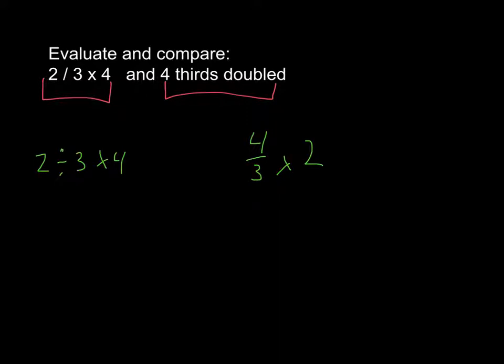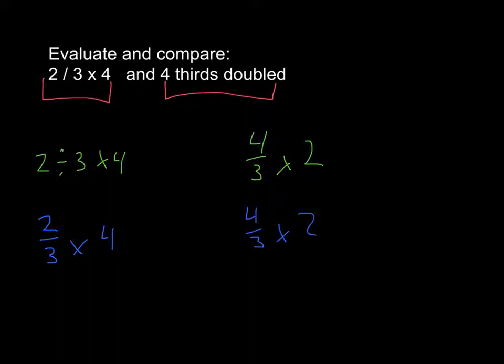Now how you write this problem can make a difference in solving it. When we write it out this way, it's a little bit confusing as to if it's equal or if they're not equal just by looking at them. So what we can do here is we can change 2 divided by 3 and write that as a fraction, remember. So we can do 2/3 times 4 and 4/3 times 2.